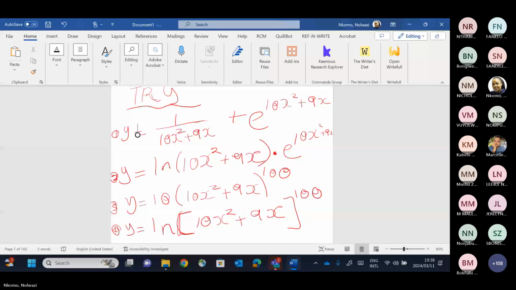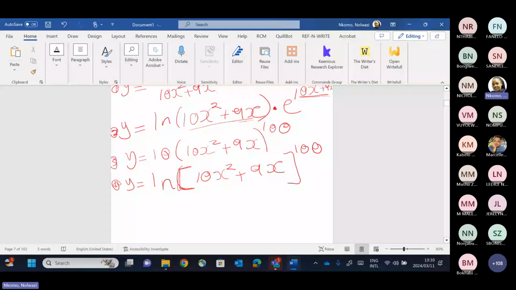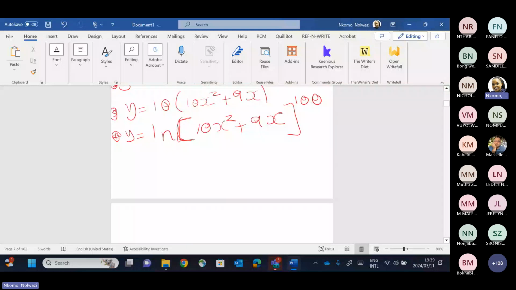But here, you know that 1 over x is the same thing as x to the power minus 1, right? So this means 1 over 3x squared is the same thing as 3x squared to the power minus 1, right?